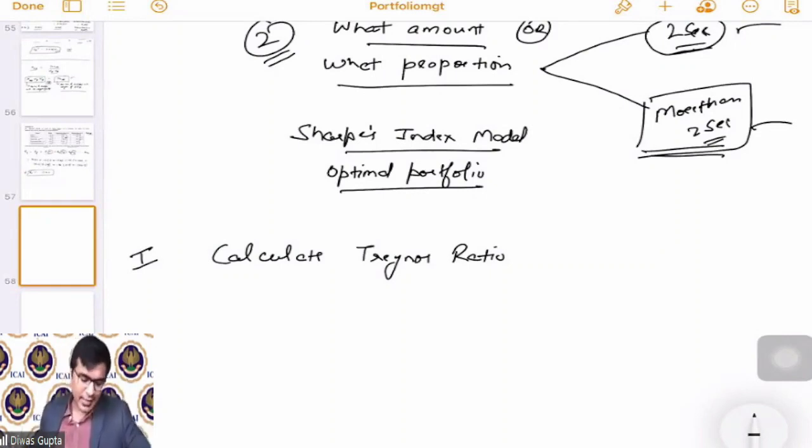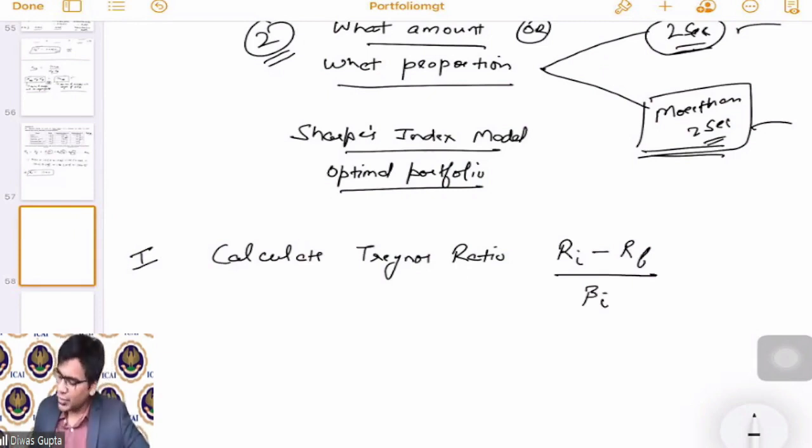So first they say calculate the Treynor ratio, which is nothing but the return on a security minus the risk-free rate of return divided by the beta of that security. Okay, this is what the Treynor ratio is. Please note, this is not a standard deviation. This is a beta. Okay, hence it is a Treynor ratio. If we divided it by the standard deviation, then it becomes the Sharpe ratio in the evaluation technique. Correct?